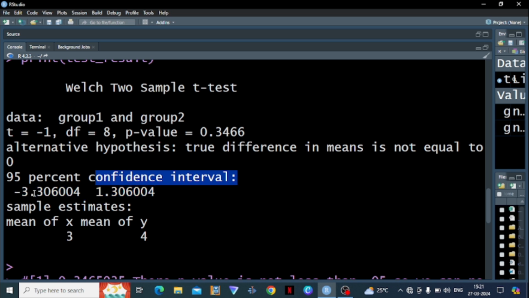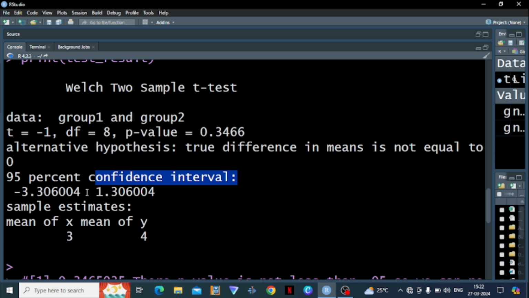How do we find out? There should not be a zero in this interval. The confidence interval is from -3.3 to 1.3, and in this number line, zero is coming. When zero is coming, we fail to reject.